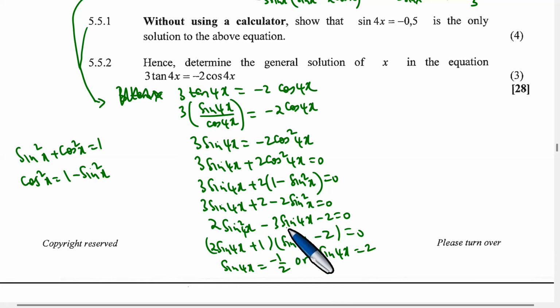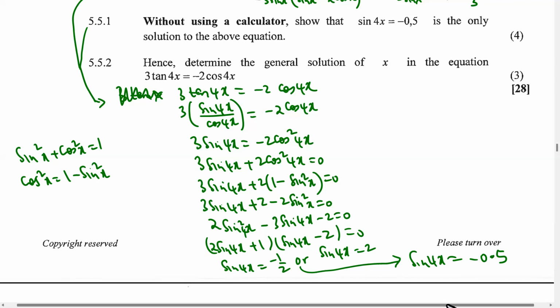Okay, so they said show without using a calculator that the sine of 4x equals minus 0.5. So surely from this, we're able to see that the sine of 4x is minus 1/2, which is minus 0.5.